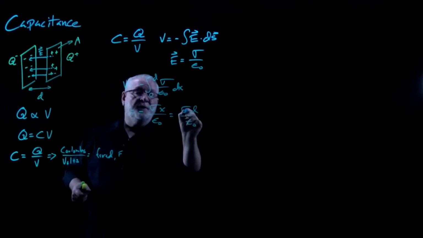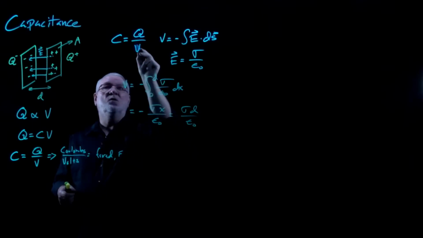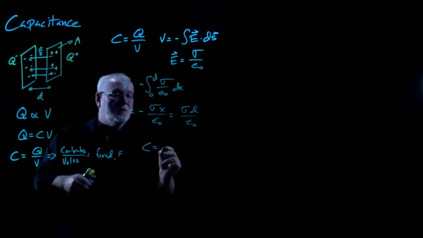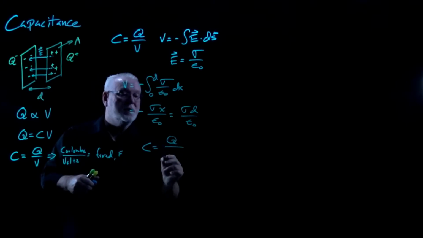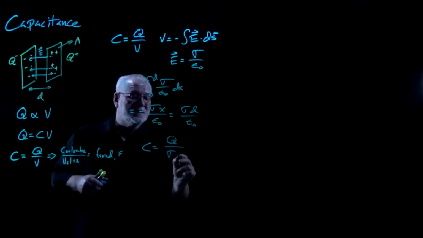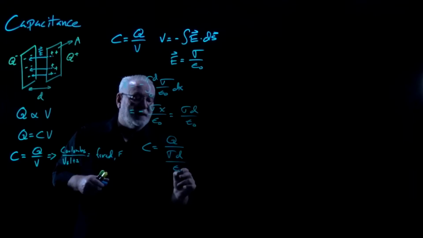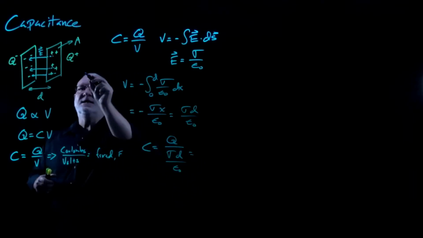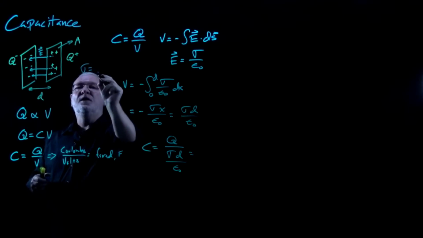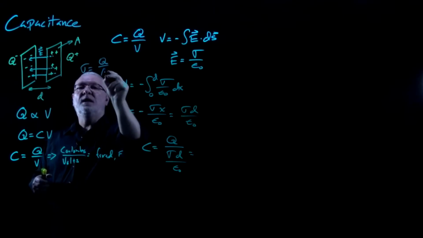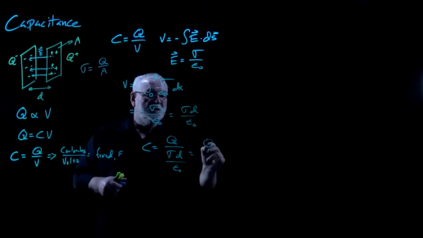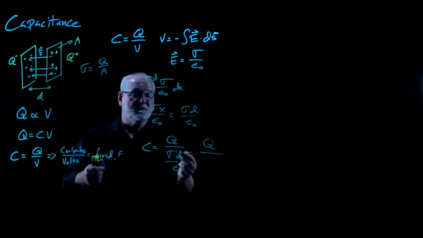Now I simply replace that into the definition of capacitance. So for a parallel plate capacitor, C would equal the total charge divided by the voltage, which is sigma d divided by epsilon naught. And then we can go one step further. Remember, sigma is nothing more than the charge per unit area. So I can go ahead and make that replacement now, so I can do some substituting and some simplifying.